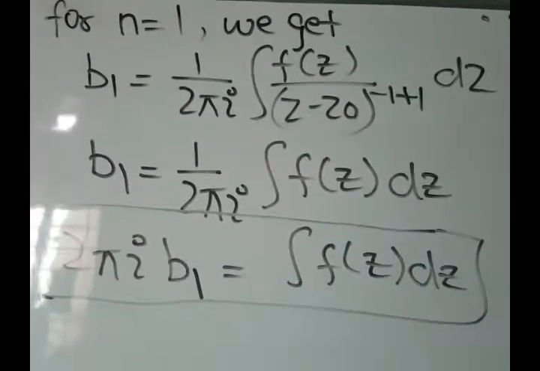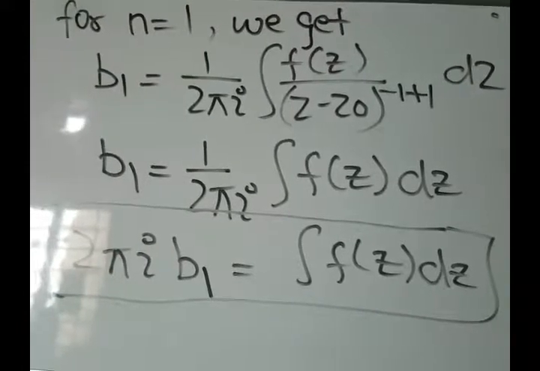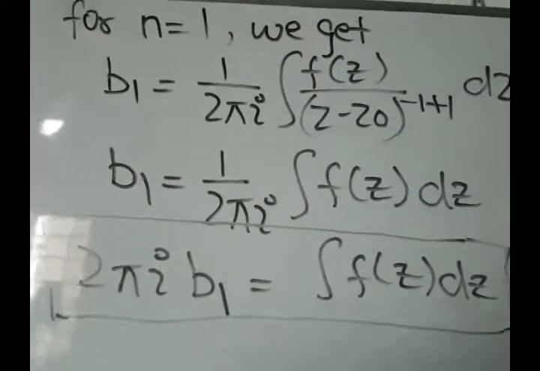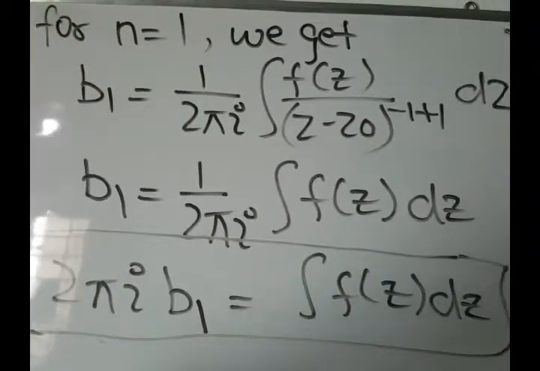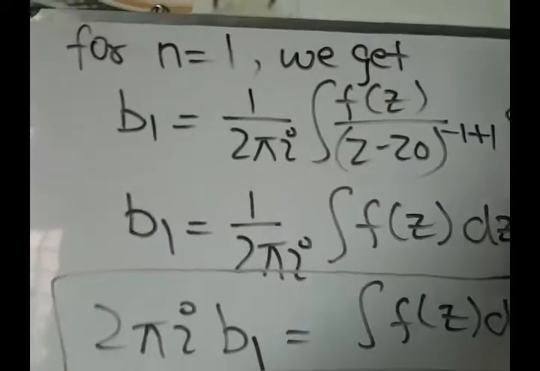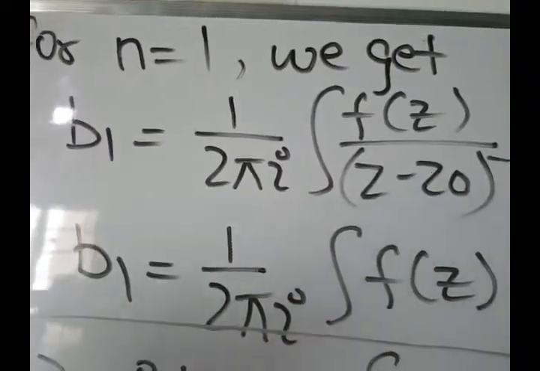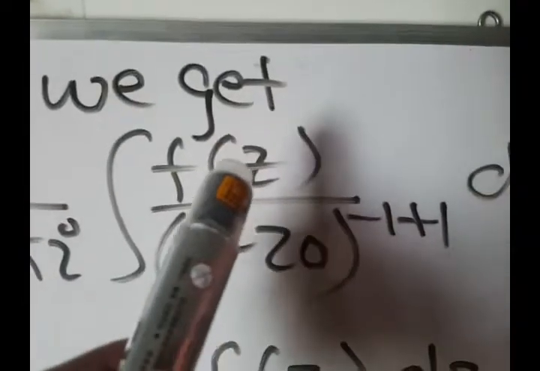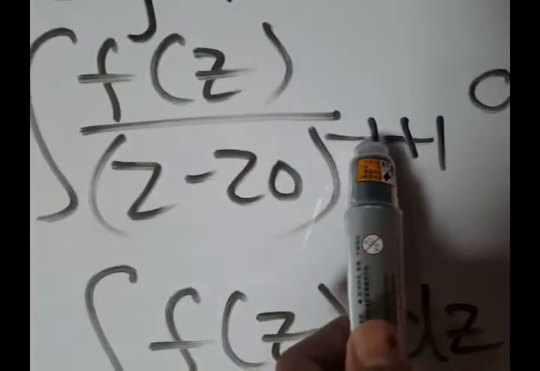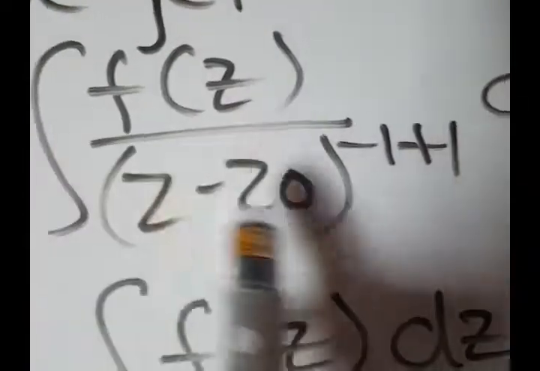So guys, we know that residue is basically the coefficient of 1 over (z - z_0), represented as b_1. For finding b_1, we put n equal to 1 in the general form of the b_n formula. We get b_1 equal to 1 over 2 pi i times the integral of f(z) (z - z_0) to the power (-1 + 1) dz.